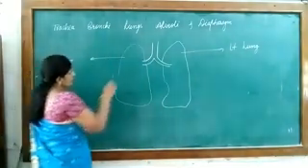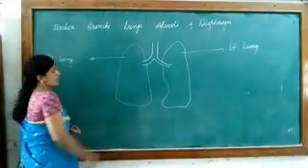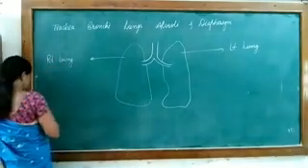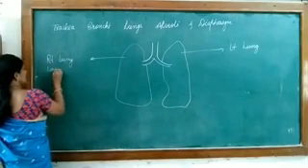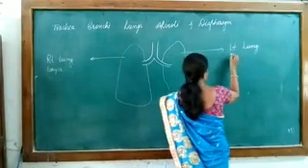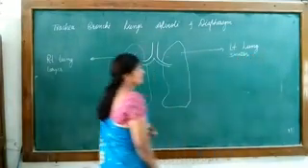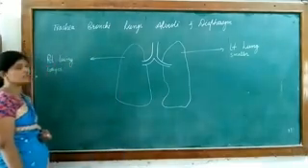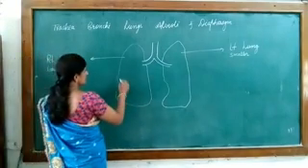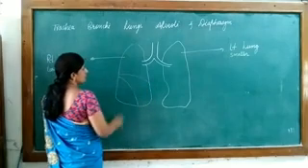When we compare the right and left lung, the right one is larger in size, bigger in size. As compared to the right one, the left one is smaller in size. The right one is made up of 3 lobes.